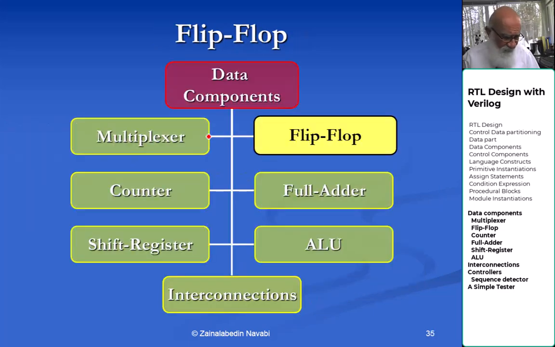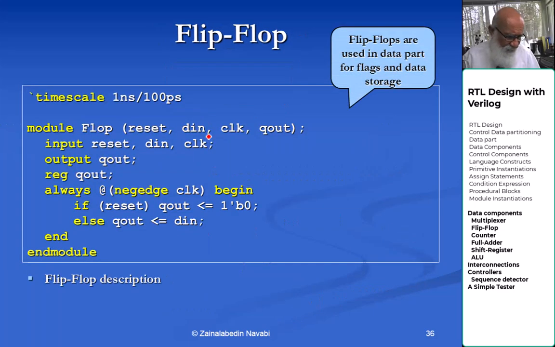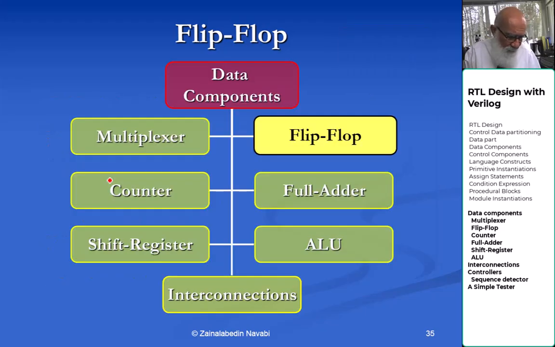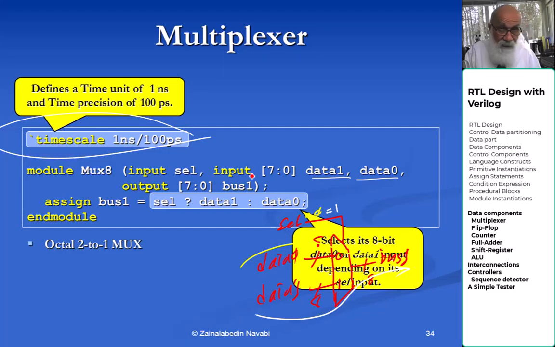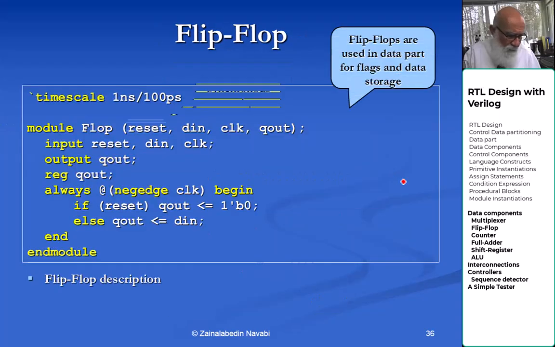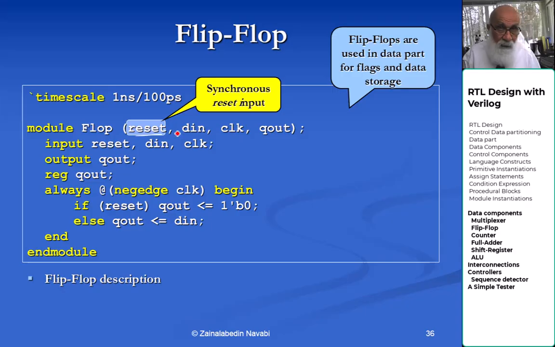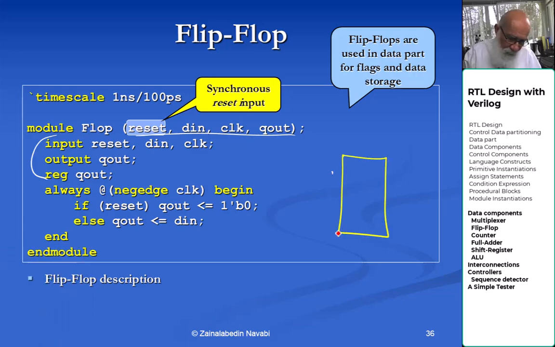Let's describe a flip-flop. Notice that I'm using a different input-output format. Here I use input-output right on the declaration in the header part. Here I'm using the input-output list in the header part, and then declaring them like this. So my inputs are reset, D in, and clock. This is the flip-flop I'm doing.